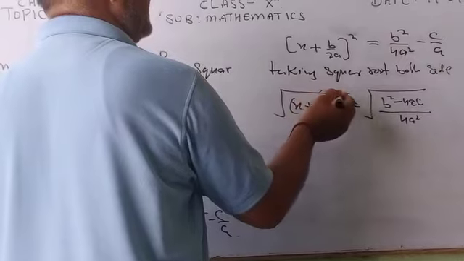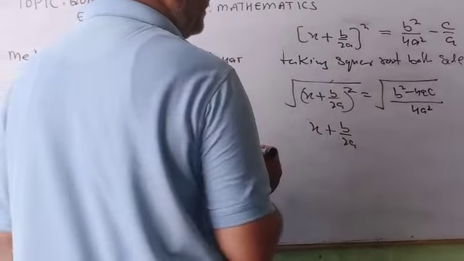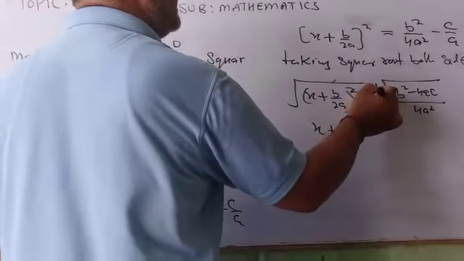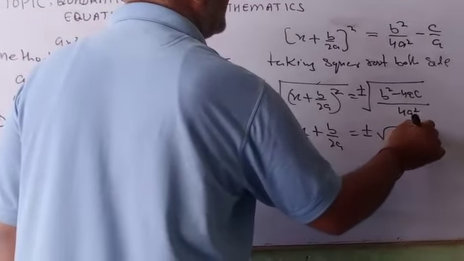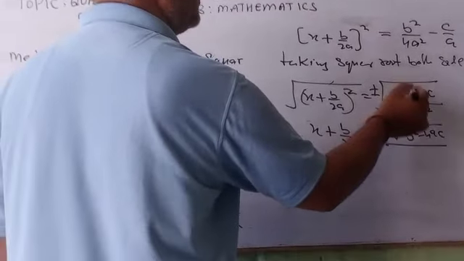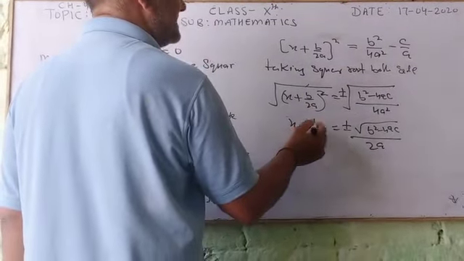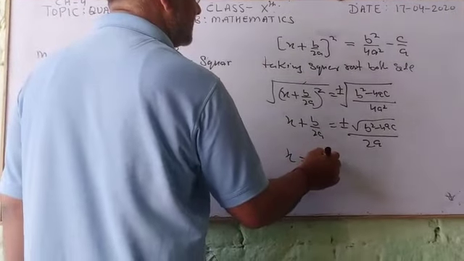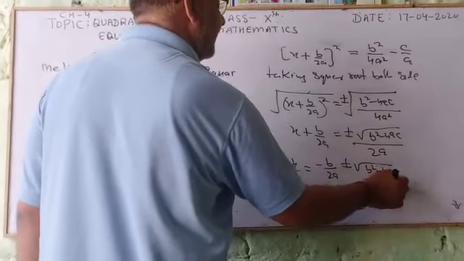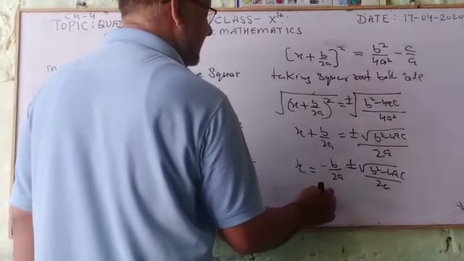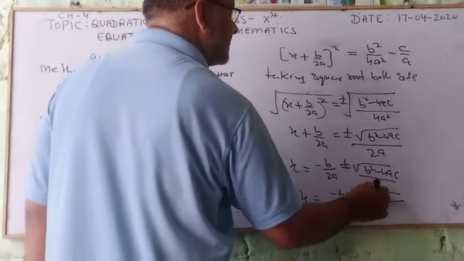We cancel out the square by the square root, so we get x plus b upon 2a equal to plus minus square root of b square minus 4ac upon 2a, since the square root of 4a square is 2a. Shifting b upon 2a to the right side, we get x equal to minus b plus minus square root of b square minus 4ac, upon 2a.